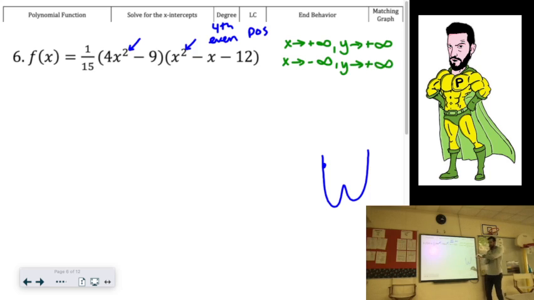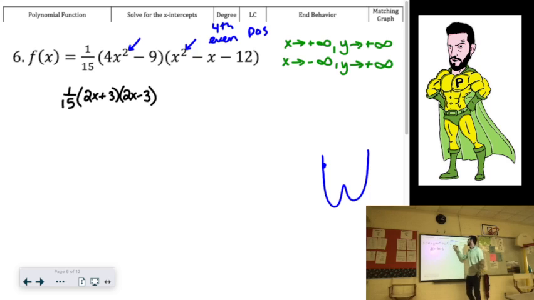All right, now we still need to factor this out. So I'm going to switch colors. So let's go with black. So if we could factor this, we have a difference of squares. The square root of 4x squared is 2x. The square root of 9 is 3. So this would give us 2x plus 3 times 2x minus 3.